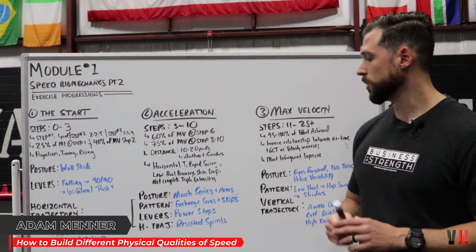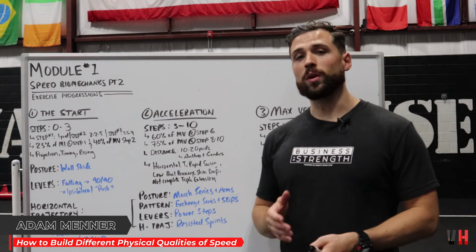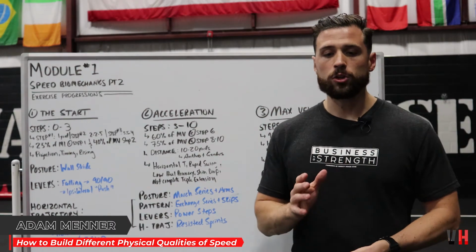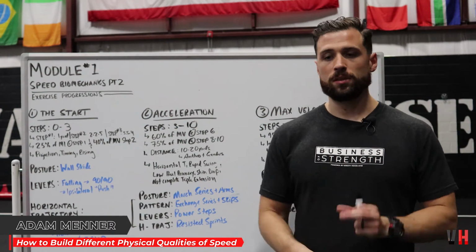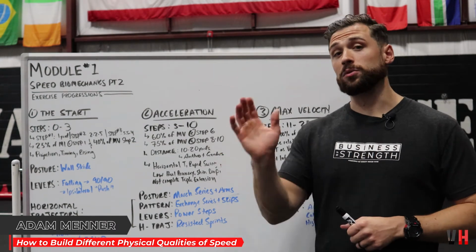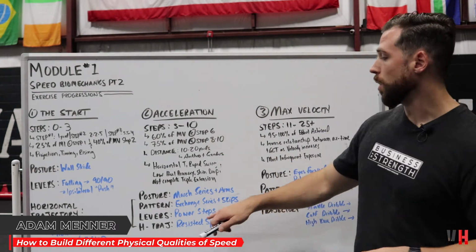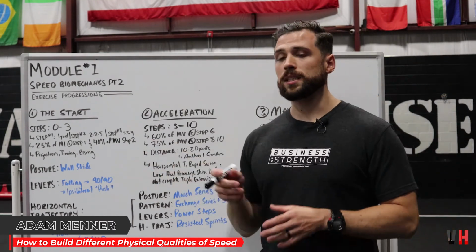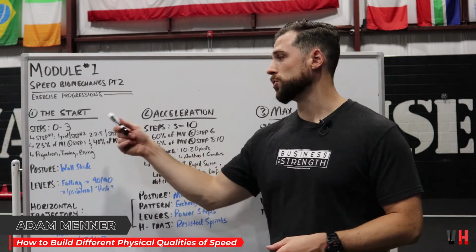Moving on to our pattern, this is our exchange series. These are a great drill to have an athlete understand how to rapidly exchange each lower limb in conjunction with their arms at faster forces. Now, our levers. These are now our power steps. So a power step is an initial start that exceeds your 0 to 3 steps.